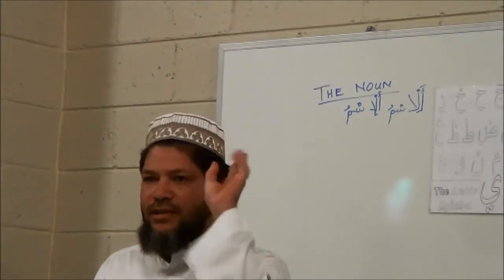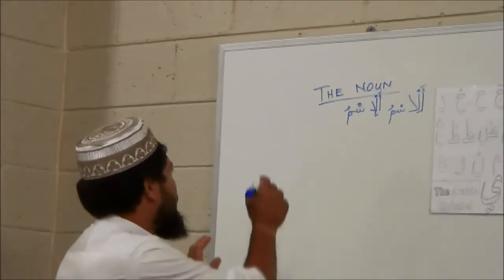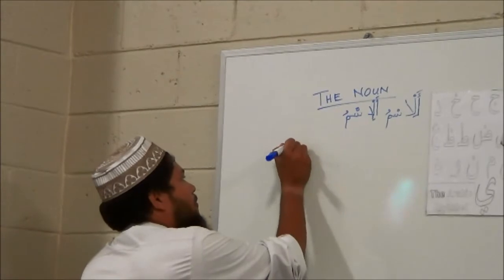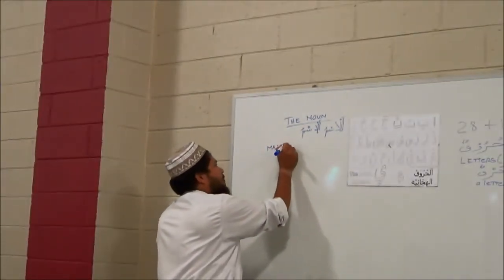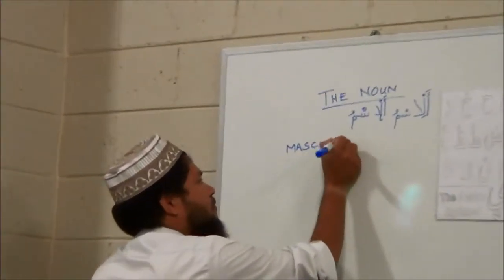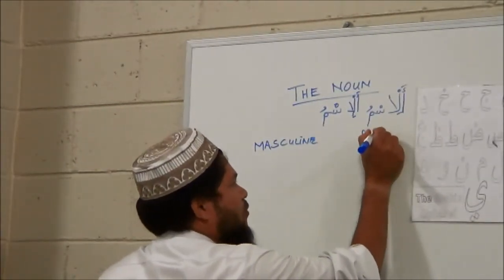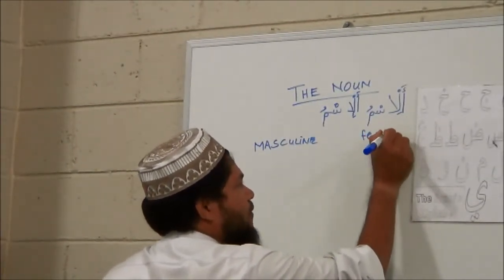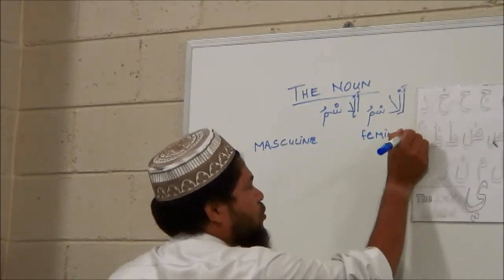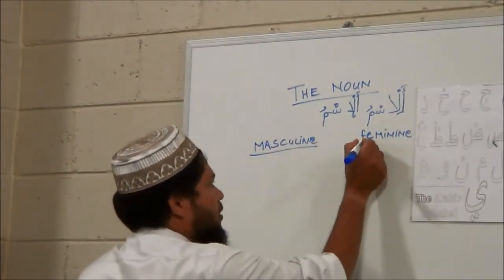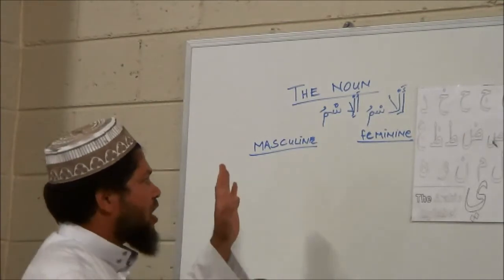there are only 2 genders. Masculine or feminine. For the time being, we will focus on masculine. But there are 2 genders in Arabic.